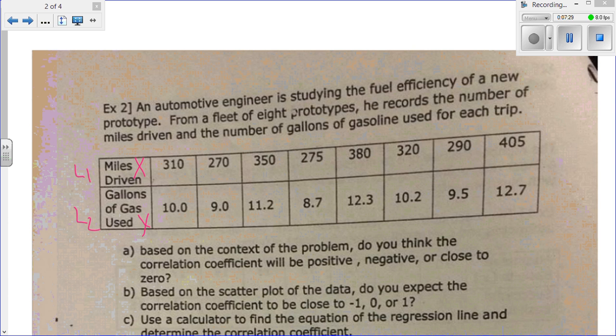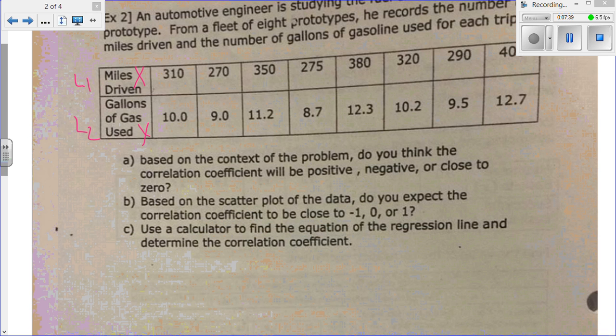So based on the context of the problem, do you think the correlation coefficient would be positive, negative, or close to 0? Well, just looking at the data itself, the more miles I drive, the more gas I use. So if they're both increasing, that would be a positive correlation.